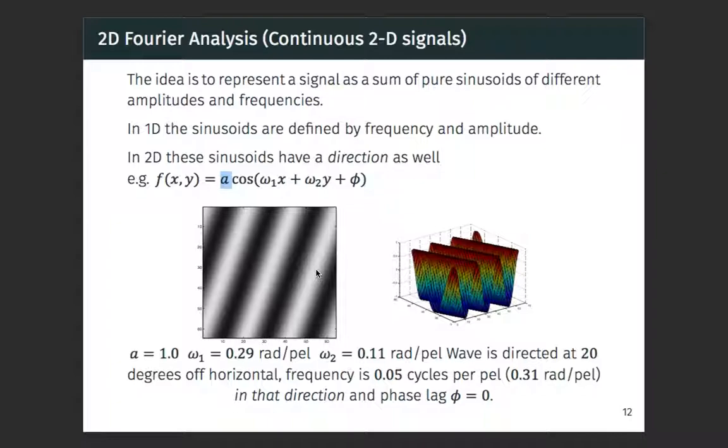Some points on the notation here, something we didn't really have an explicit definition of. When you look at omega, for instance, it's expressed in radians per pixel, and you'll see me saying a lot, or in the handouts, we use the word pel.